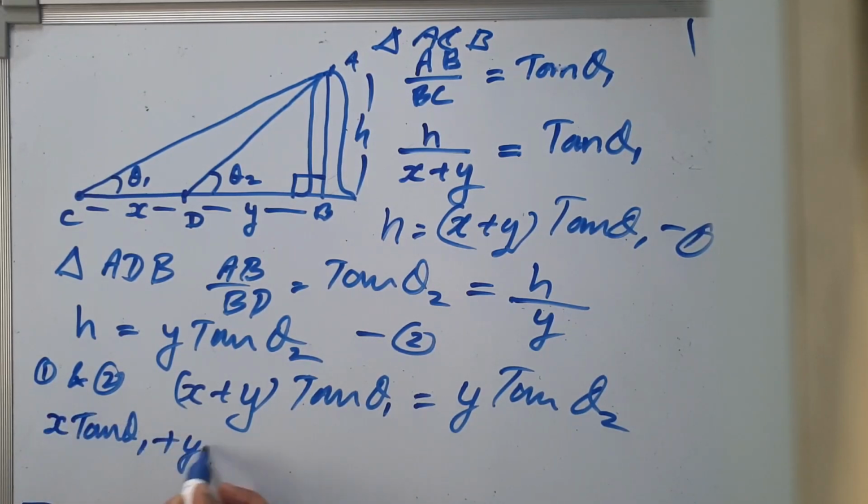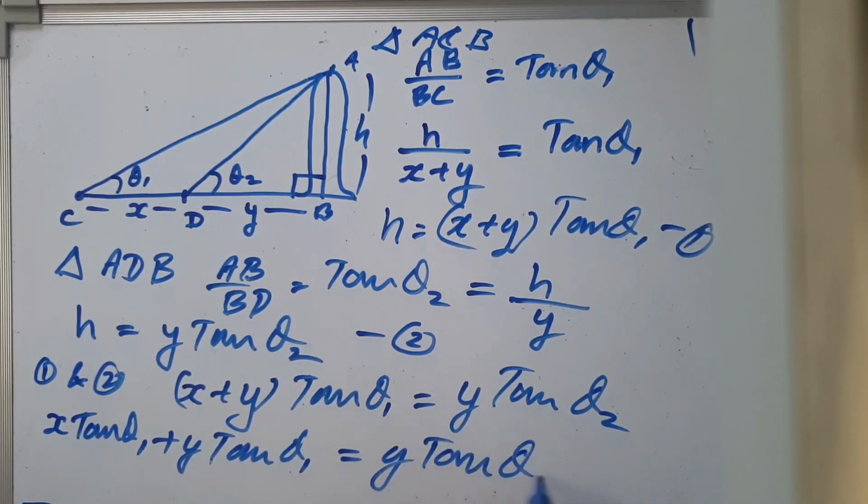X tan θ1 plus Y tan θ1 is equal to Y tan θ2. Now rearranging this and taking common Y, what do I get? Y equal to X tan θ1 upon tan θ2 minus tan θ1. Let me put this as equation 3.